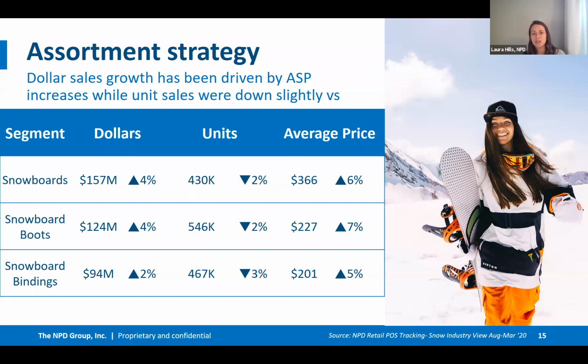So while unit sales were actually slightly down in all segments, this begins to address the market question: is my category shifting towards more premium or towards more value product? At the surface, each of the segments that we see within snowboard equipment right now have rising ASPs. So it would appear, before we do further analysis, that the snowboard equipment category is shifting towards more premium offerings.